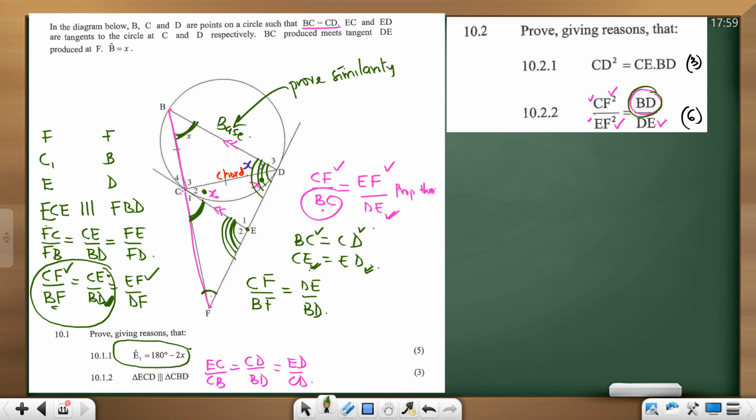So we have BD and DE, and that is EF over DF. So if I go back to my question, I have CF, I have EF, I have DE, and I have BD. So you see, it's trying to merge something for me there.